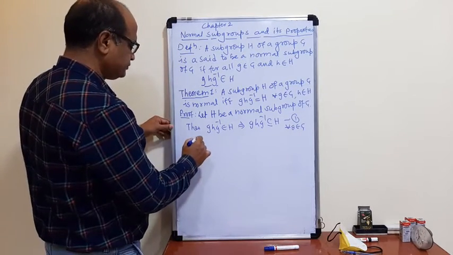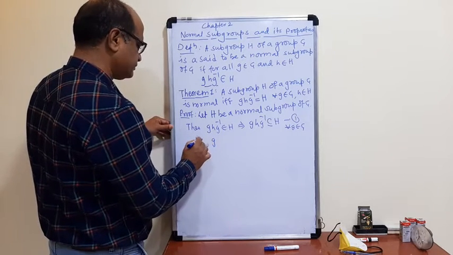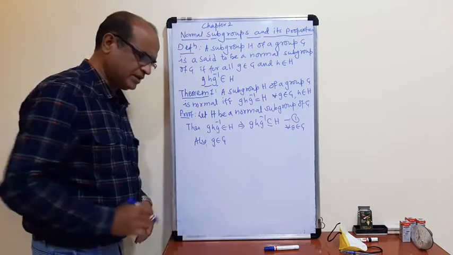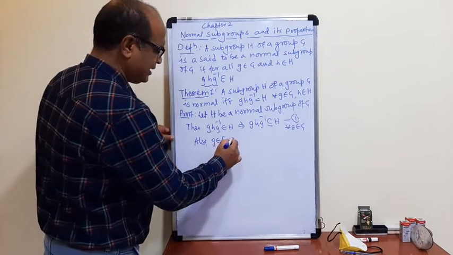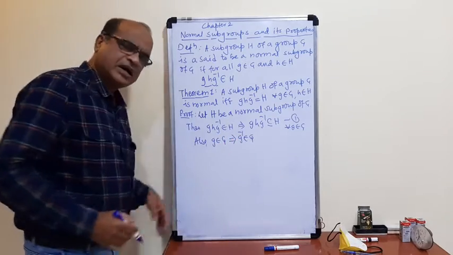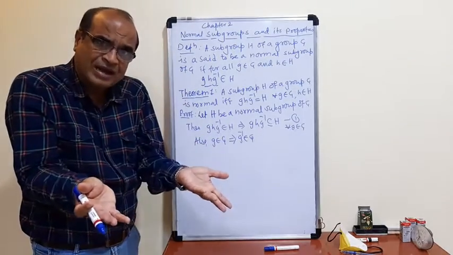Also, g is an element of the group G. Then certainly g inverse belongs to G, because for any element its inverse exists by the definition of a group.